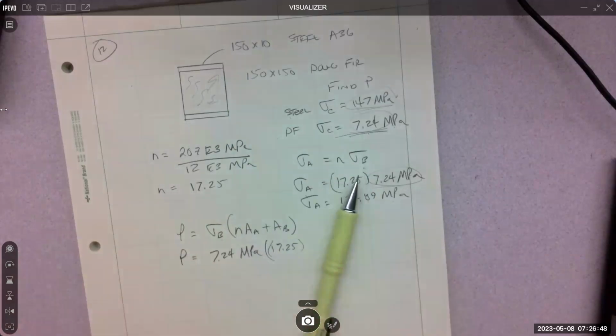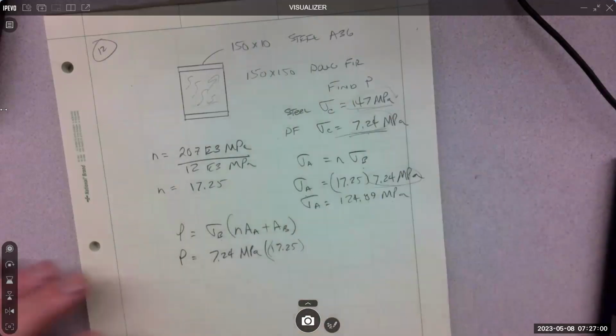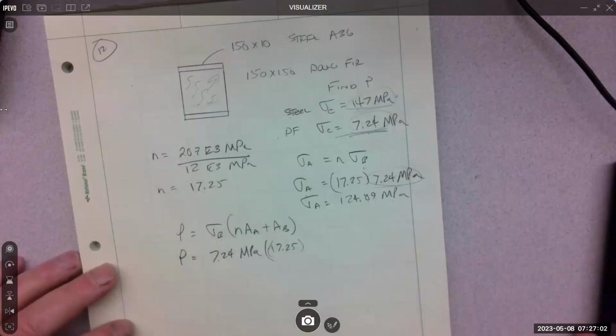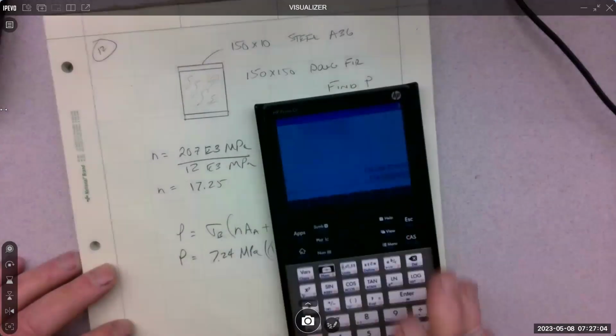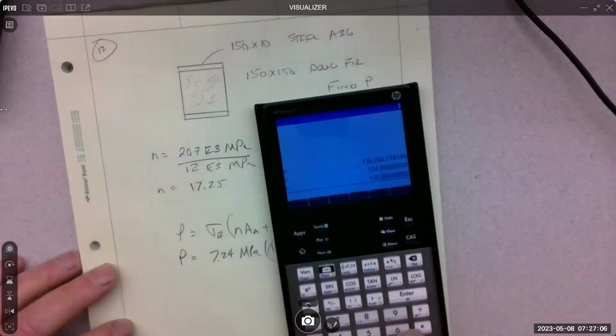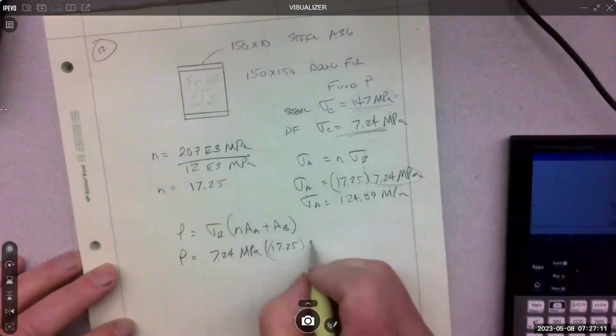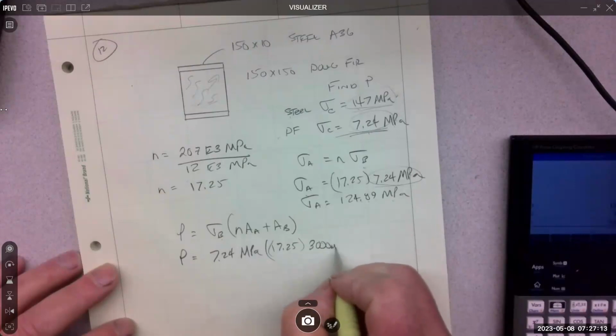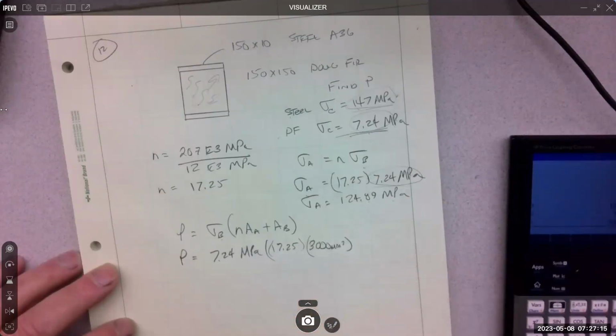And I think this problem said also to use nominal. Is that true? Use the nominal dimensions. Yes, it did. That doesn't really matter on the steel. That is nominal on the steel. So that's 150 times 10, and there's two of them. So 3,000 millimeters squared.